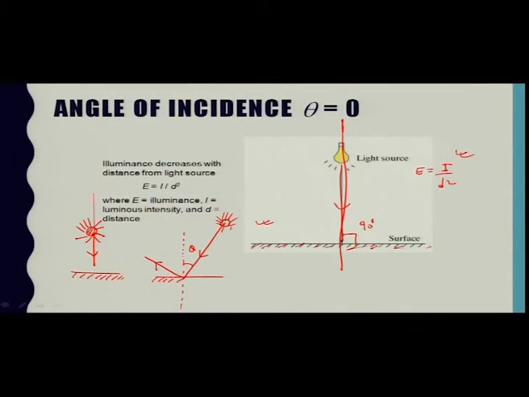So here is the surface. So you can find the difference between this A and B. So this is the light source.